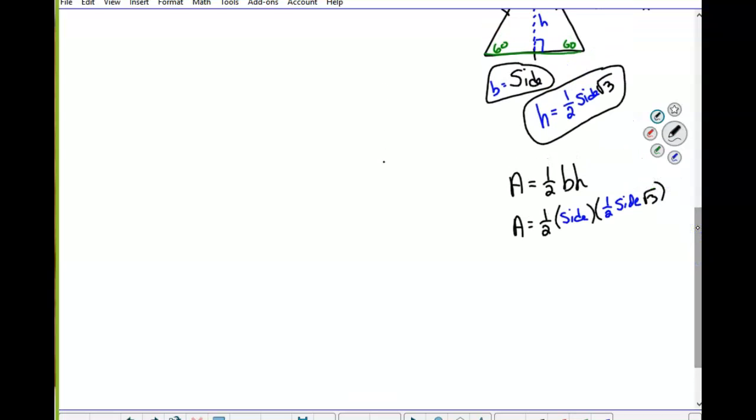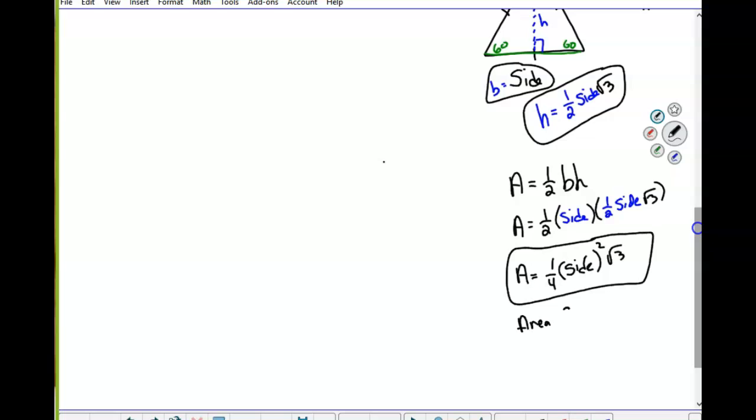And then we can combine some like terms because we have multiplication. So the area for an equilateral triangle is 1/2 times 1/2, or 1/4, the side length squared times the square root of 3. And that is the area of an equilateral triangle.